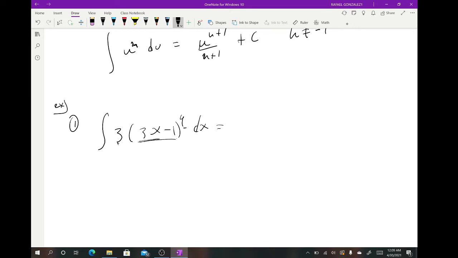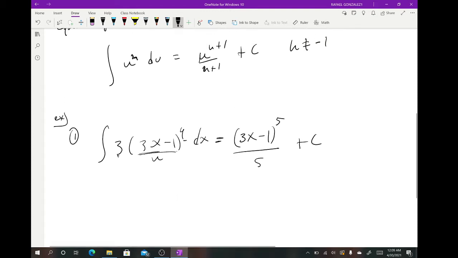By our rule, that is equal to u to the n plus 1. So let that be u, and that means that we have (3x minus 1) to the 4 plus 1, so that's 5, divided by 5, plus c. Again, the 3 forms our du, and 3x minus 1 forms our u.